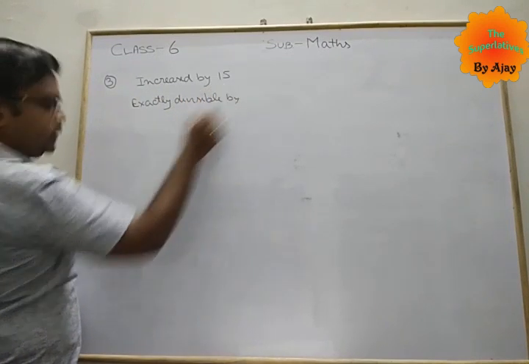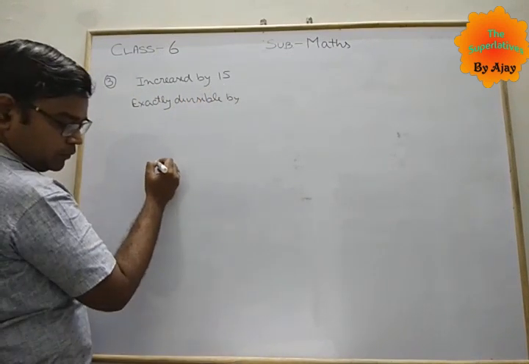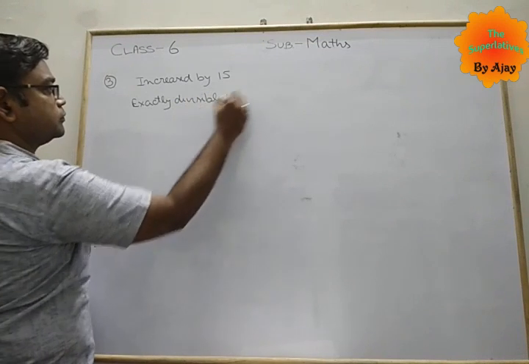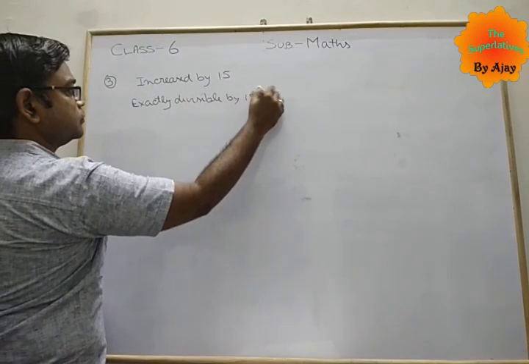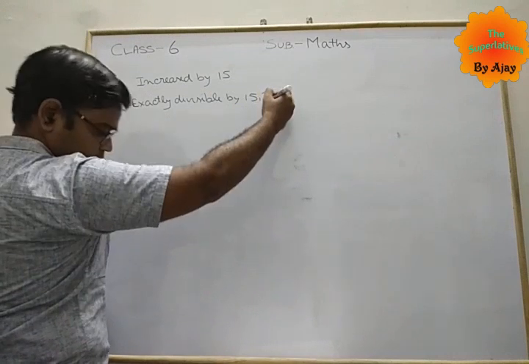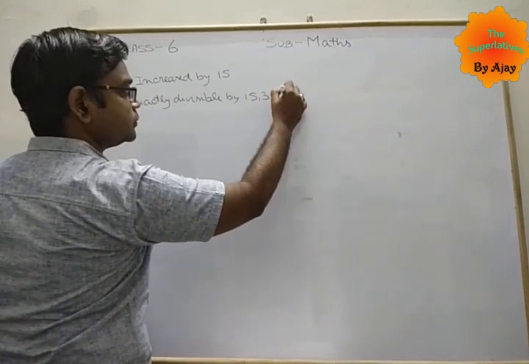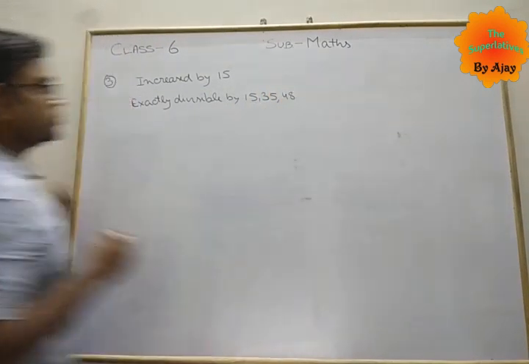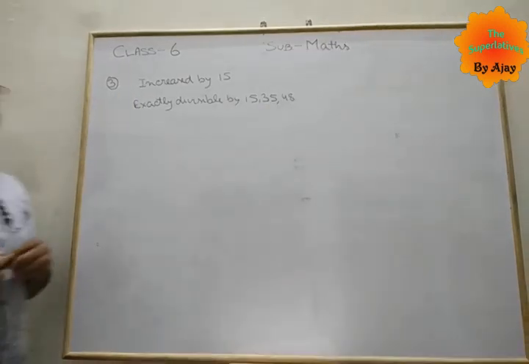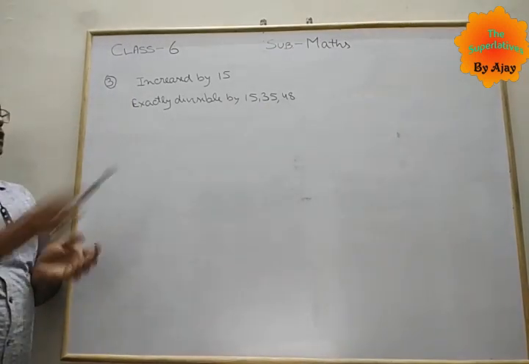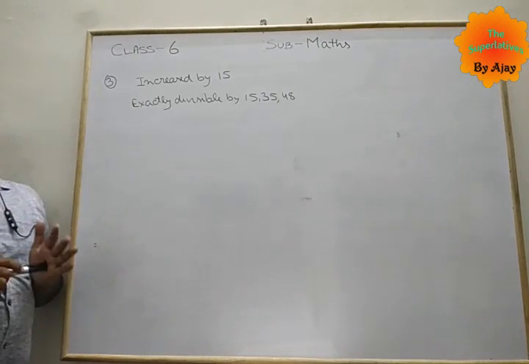So class, in this case, since it is divisible, we have to find the multiples, then only we are able to divide that number by these three, because if the number is less than these three, it is not divided by them.